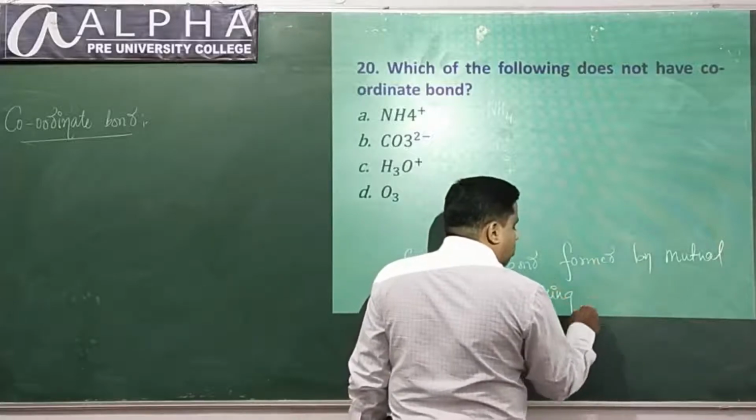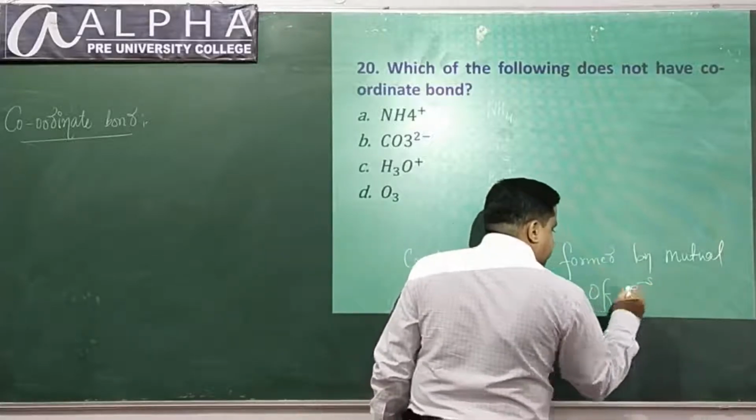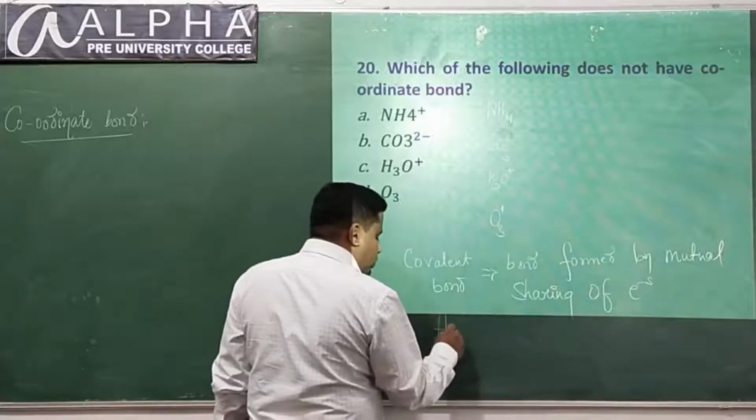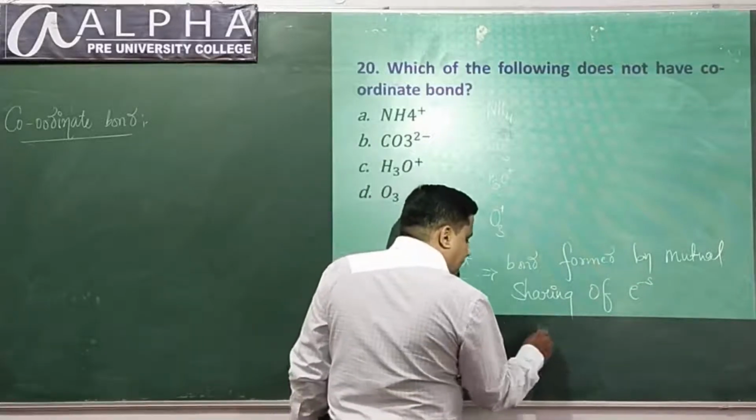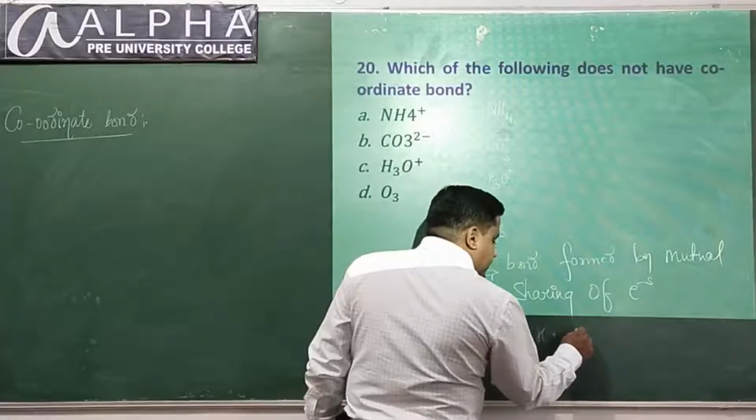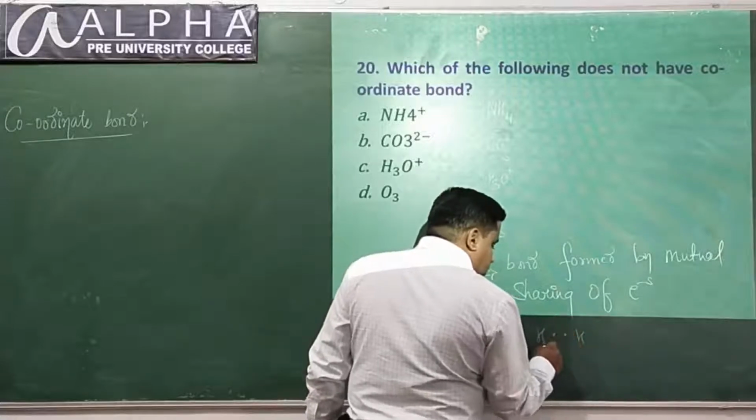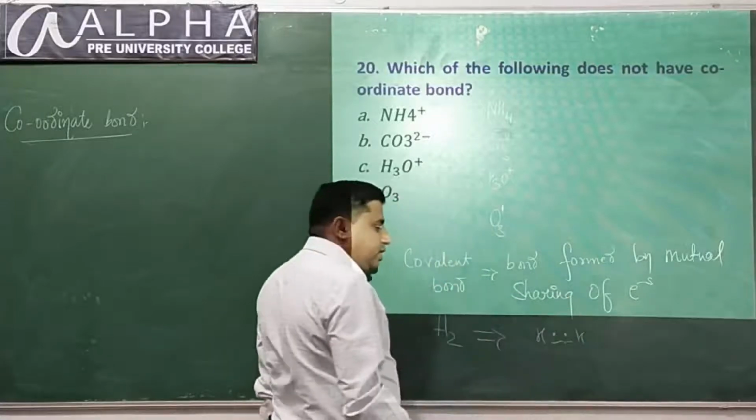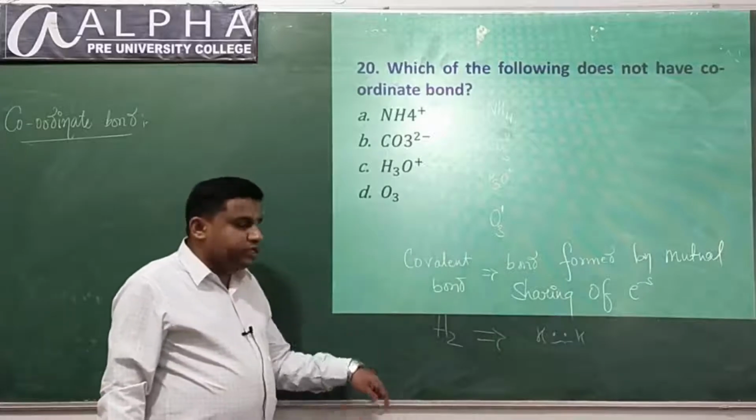If I consider a hydrogen molecule, one hydrogen will share one electron, and the other hydrogen will share one electron. So both the hydrogen atoms are sharing the electrons, and a bond is formed.